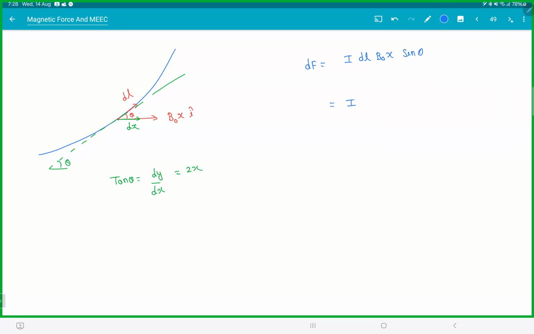So this is I, and dl is nothing but dx by cos theta. You want to get everything in terms of x. So this is b naught x sine theta. That will become tan theta. So I b naught tan theta is 2x, so that is 2x square dx. All the forces will be in the same direction, minus k cap. 2 I b naught integral x square dx from 0 to 1. This was easy.